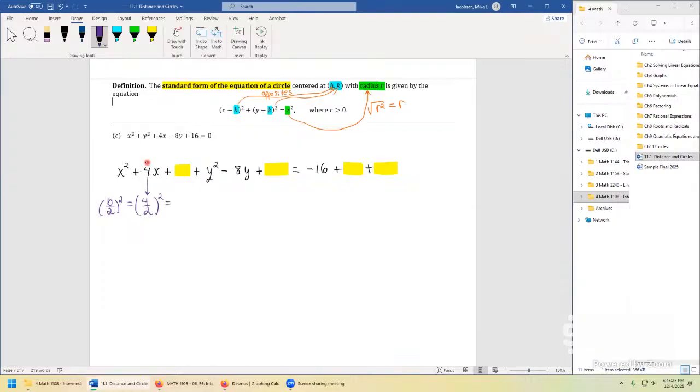That's just 2 squared, 4. That goes back up here, we go plus 4. But whatever we did on the left-hand side, we also do on the right-hand side. So plus 4 over on the other end, here to balance it. My claim now is that that part right there is a perfect square, and we'll factor it on the next step.